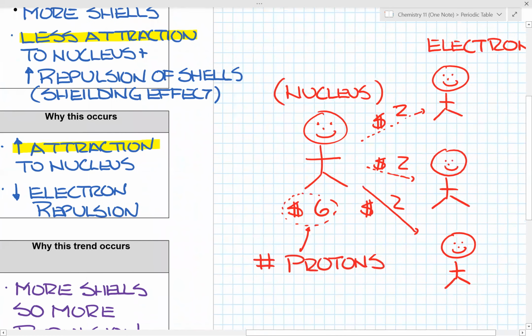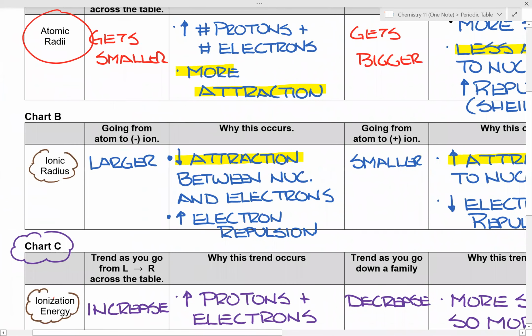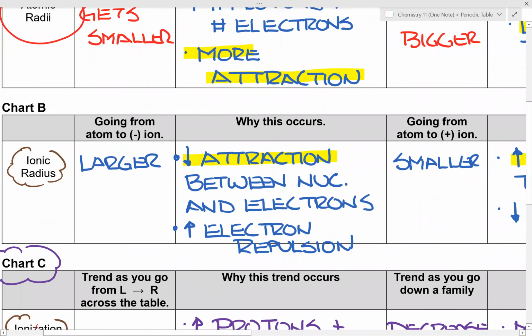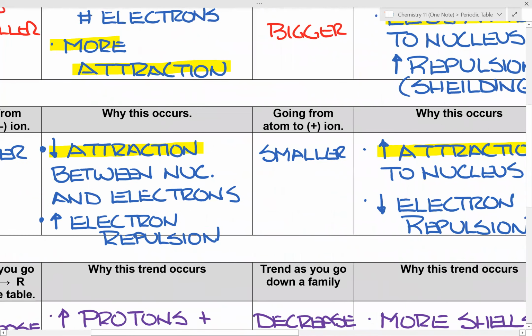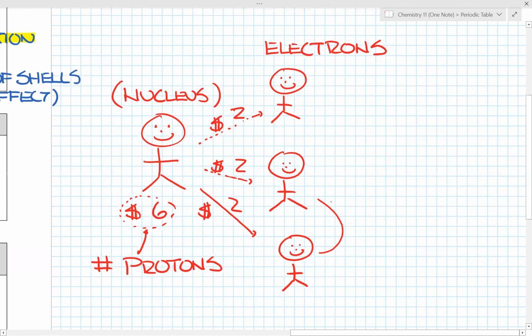That's why you have less attraction. And why is there an increase in electron repulsion? Well, it's like adding another member to the family. You get conflict between the siblings.